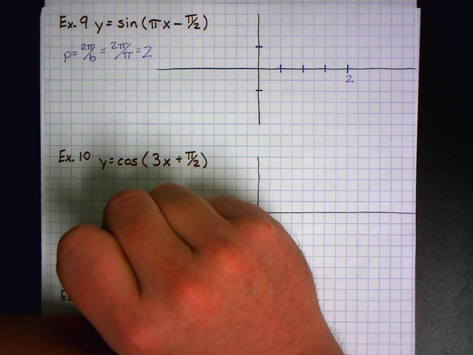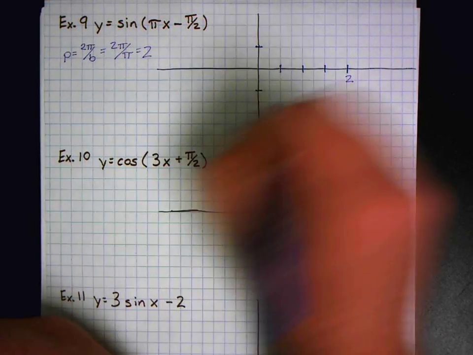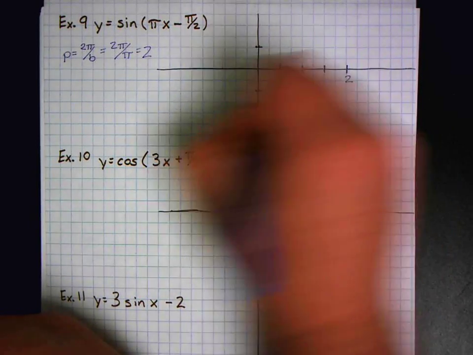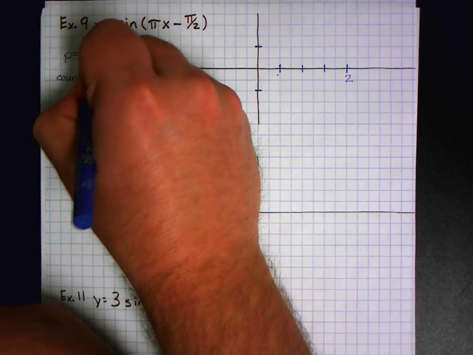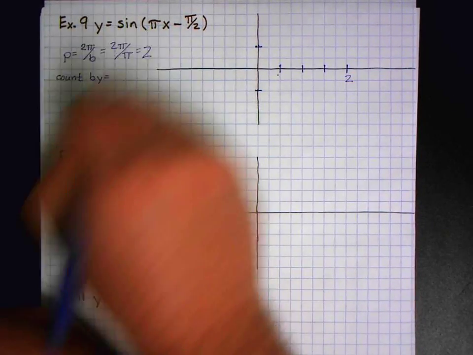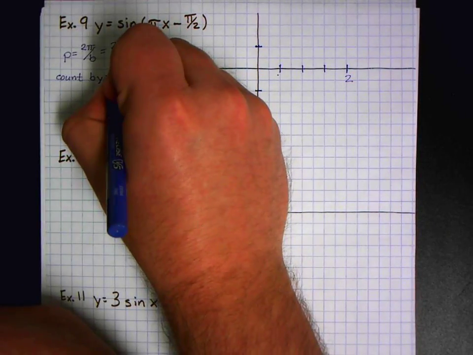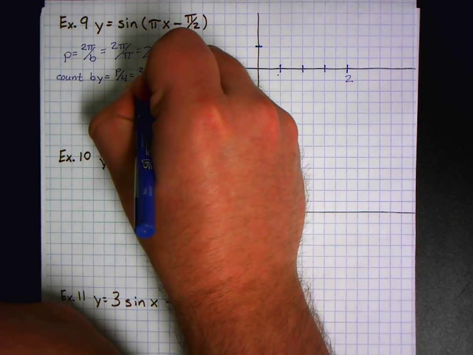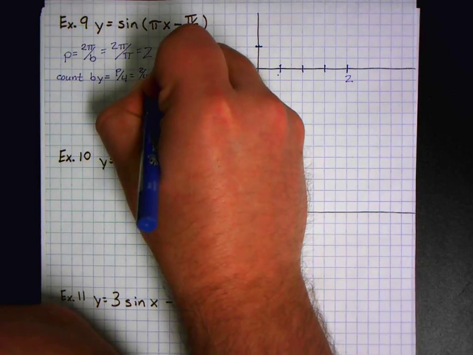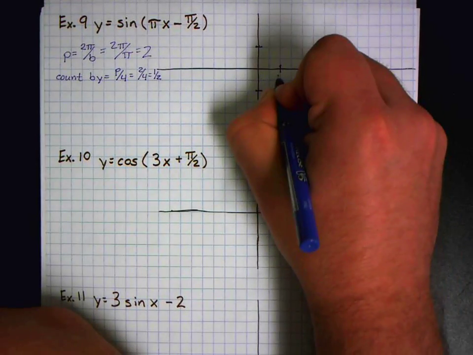To figure out what I count by, I count by my period divided by 4. So in this case, 2 divided by 4 would be 1/2. So I'm going to count by 1/2. So it'd be 1/2, 1, 3/2.